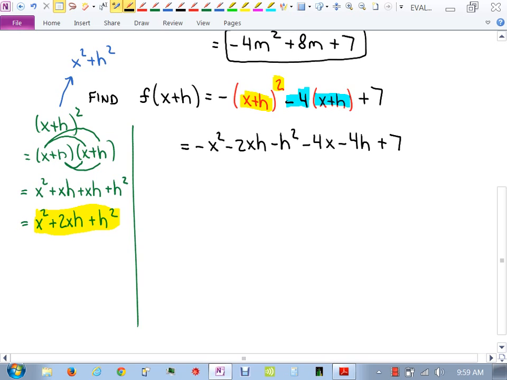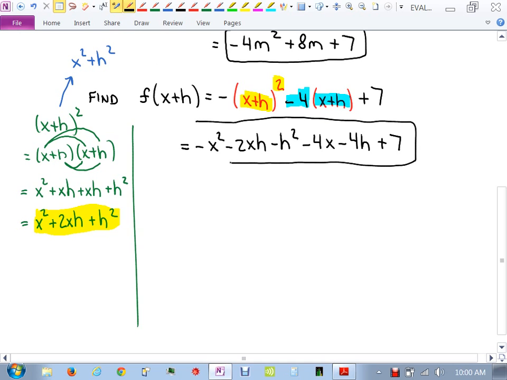Now you look at that and you see, do you have any like terms? Do you have anything that you can combine together? No. What does it mean to be a like term? What would we have to have in order to put those together? Same exact variables. Each term would have to have the same variable raised to the exact same power, right? Okay, so none of those are like terms. So therefore, that's our answer.